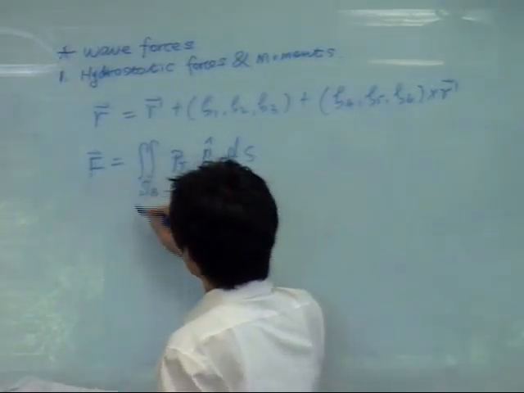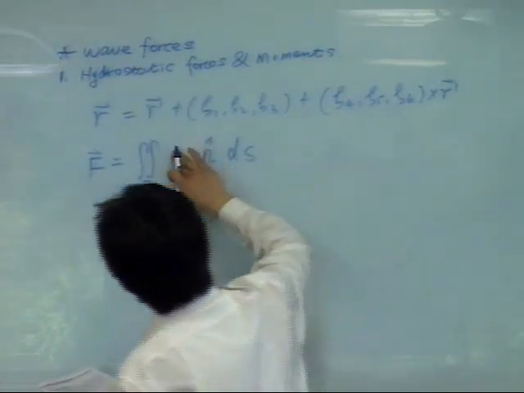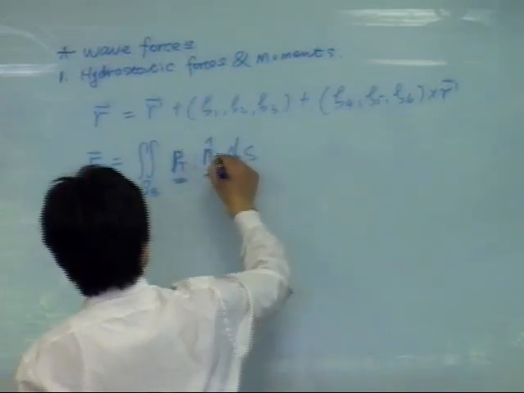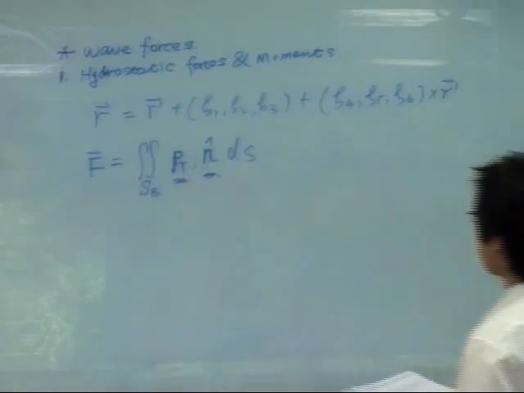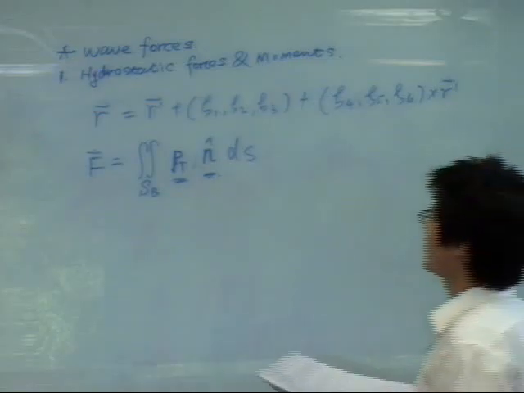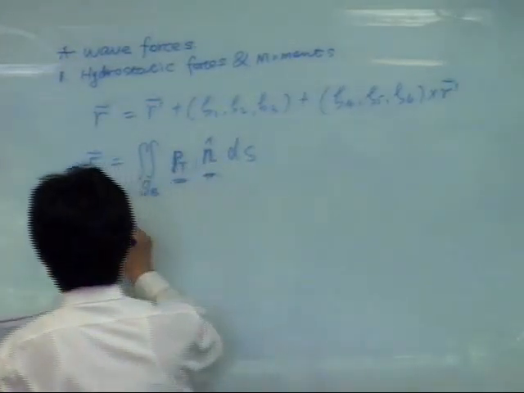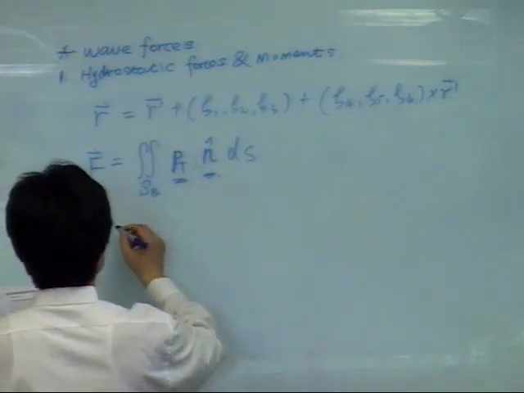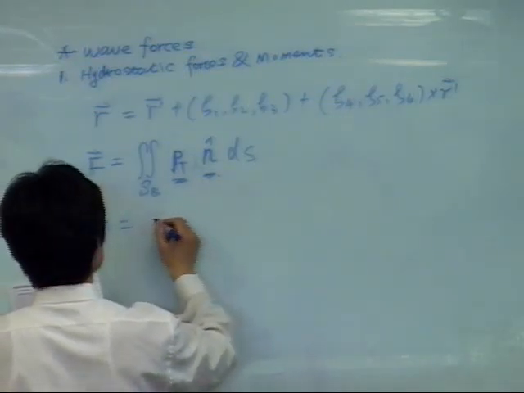This is very straightforward, right? If we know the pressure and the normal vector at any point here, we do the integration, then we get a force, right? And also the moment.